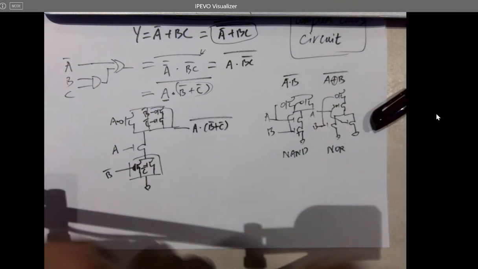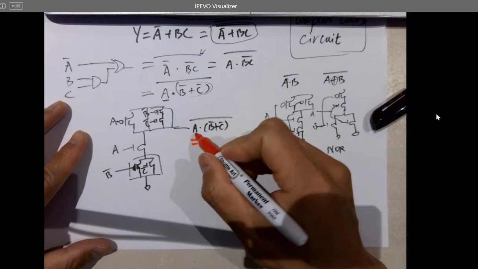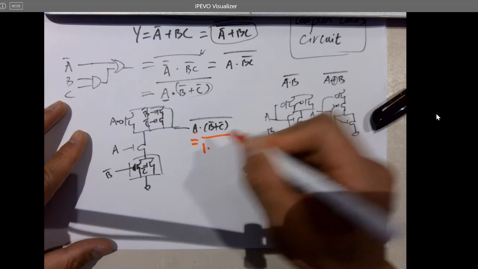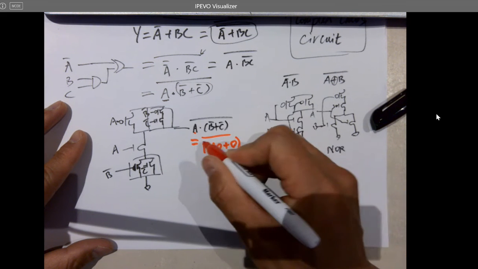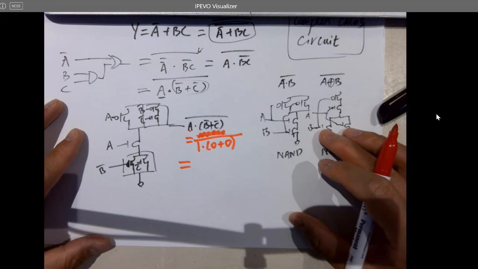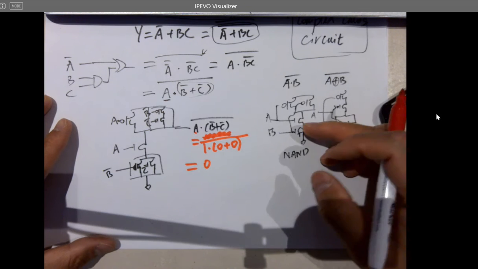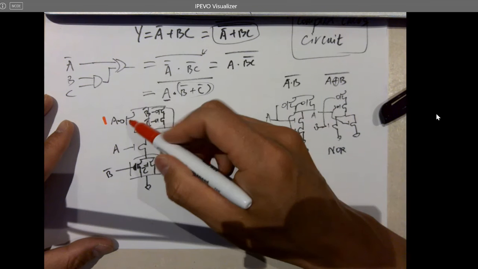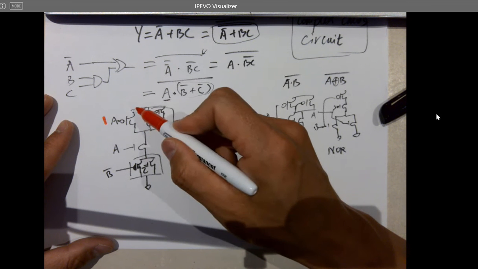So if you want to prove it, let's see. Give some examples. If A is 1, B naught is 0, C naught is 0, and naught. So what is the result? Now let's look at the circuit, see if that's true. If A is 1, the PMOS is shut off, so there's no pathway to VDD.